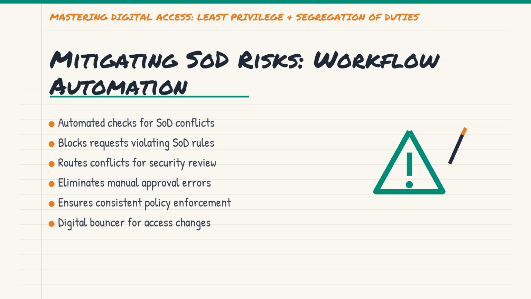If it does, the request can be automatically blocked or routed for special approval and review by a security officer. This prevents manual errors and ensures that SOD policies are consistently applied, making it much harder for conflicting privileges to slip through the cracks. It's like having a bouncer at the digital door, enforcing the rules 24/7.